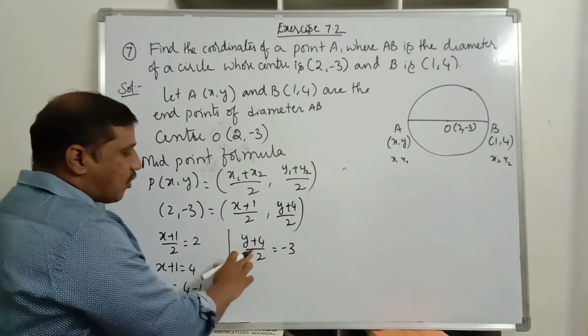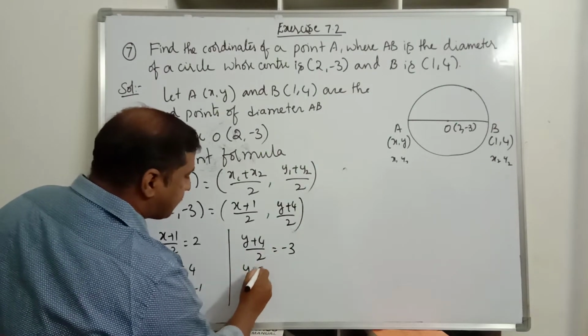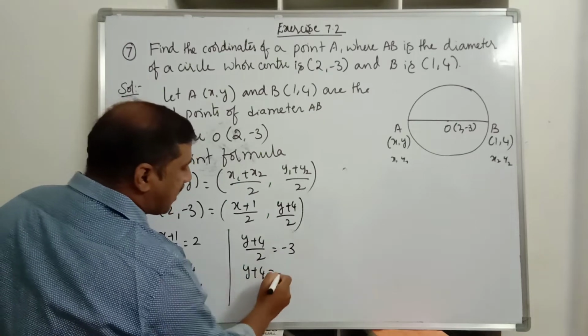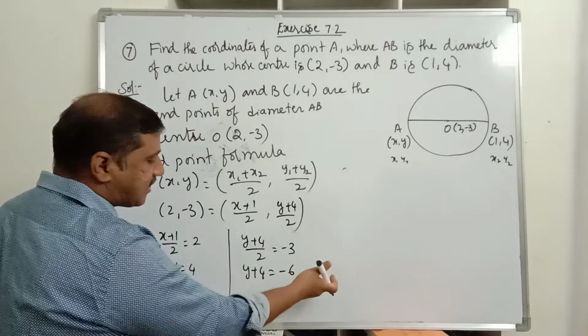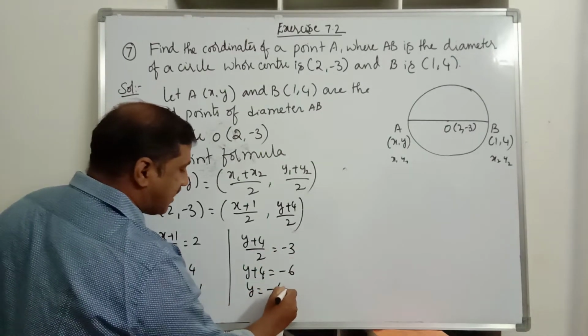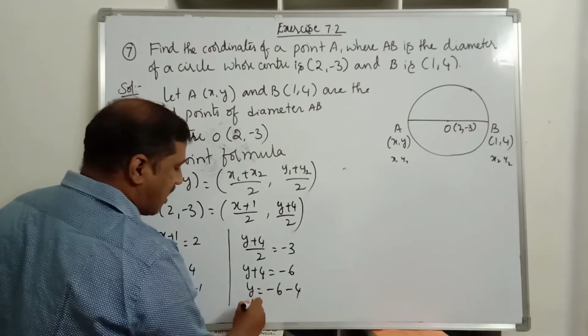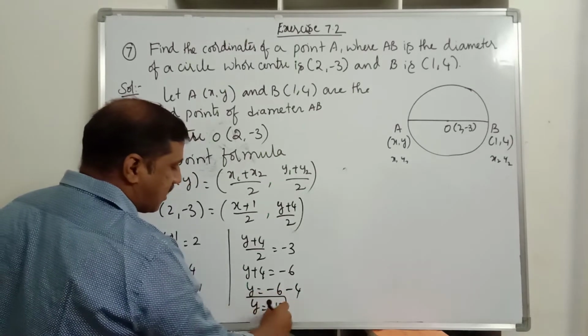Now (y plus 4) by 2 is equal to -3. By cross multiplication, y plus 4 is equal to 2 into -3, it is -6. Transpose plus 4 to the RHS, then it becomes -4. Now y is equal to -6 minus 4, it is -10.